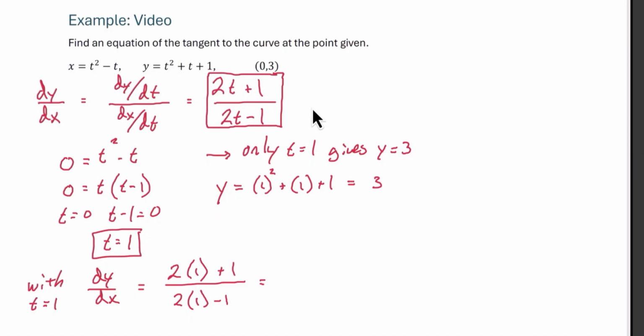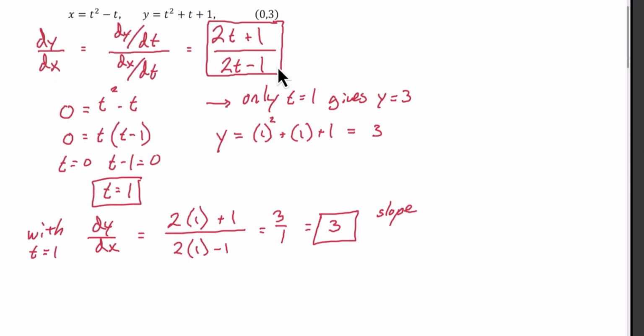This gives us 3 divided by 1, which is 3. So remember what 3 tells us? That is the derivative. Remember, derivative is all about slope. So this is going to be the slope of the tangent line at the point (0, 3).